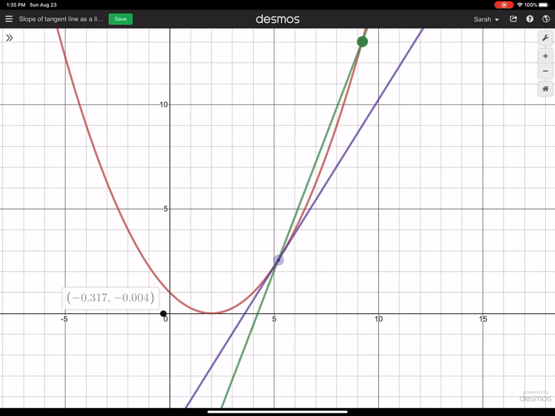And as I start to move this green line and I move the green dots closer and closer together, notice that my green line is getting closer and closer to my purple line until here they are pretty close to each other. So I am making the distance between these 2 points get closer and closer to 0.